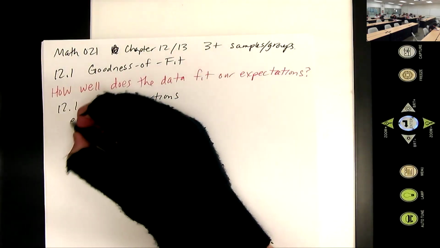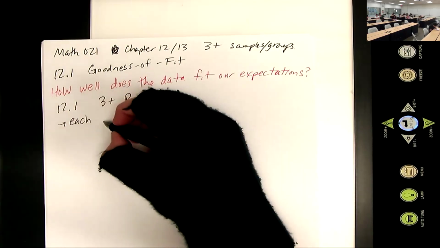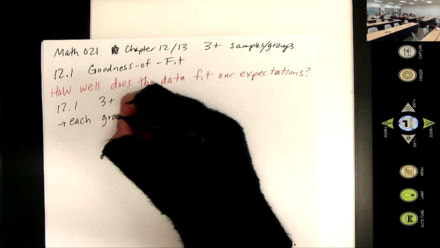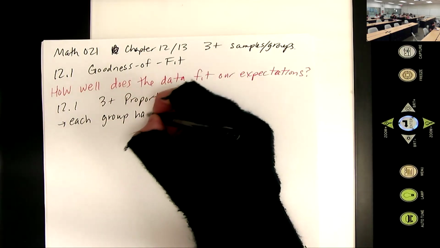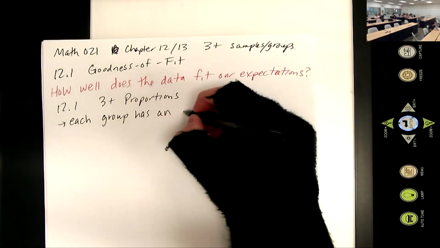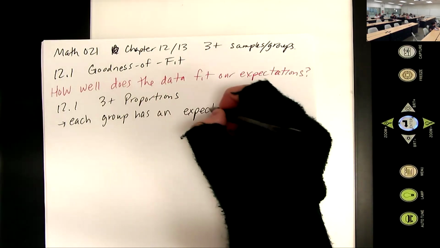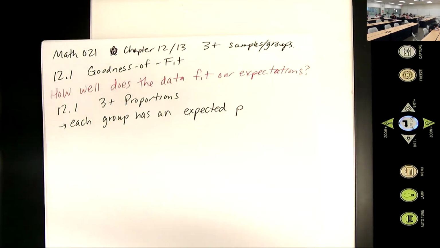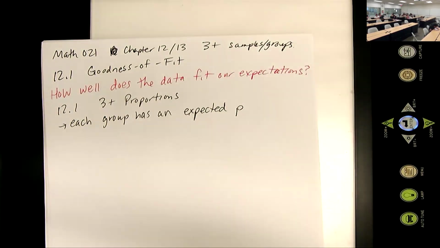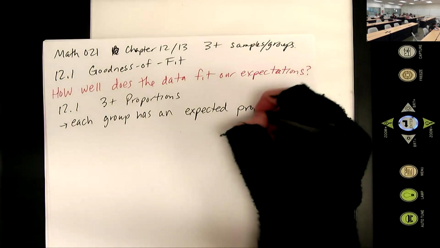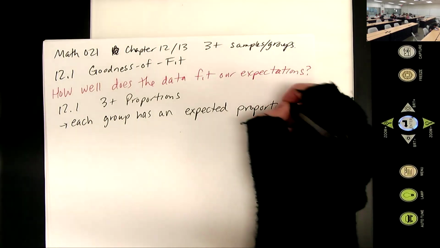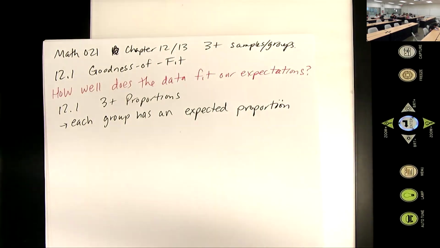So each group has an expected proportion, for p. Proportion or probability? Proportion. They're not the same thing, but they kind of line up well.